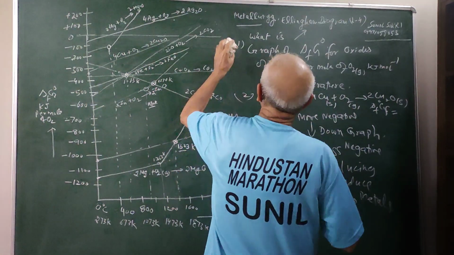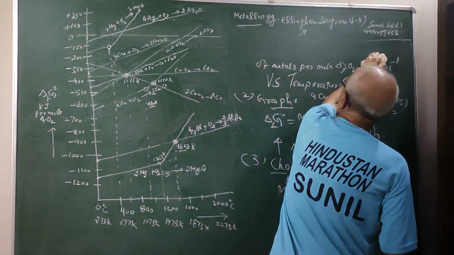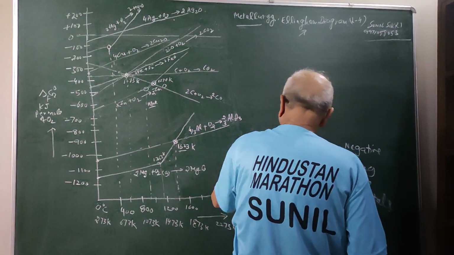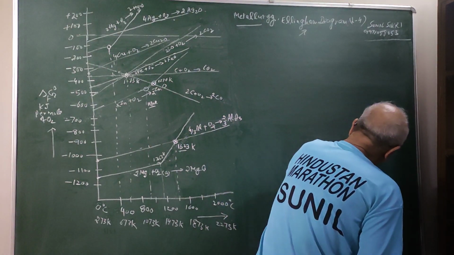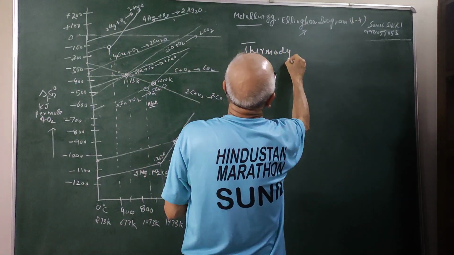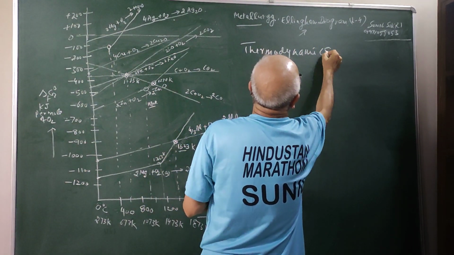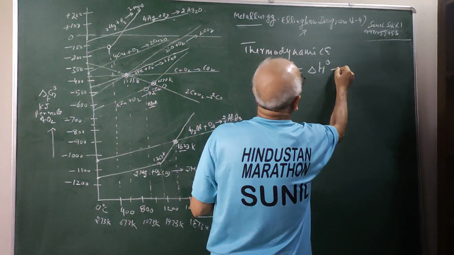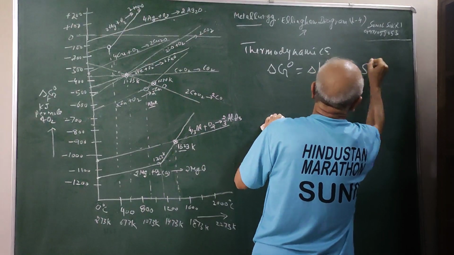And now let us see what is the thermodynamic principle for which we have plotted these delta G0 values. You know that from thermodynamics, delta G0 is given as delta H0 minus T delta S0.